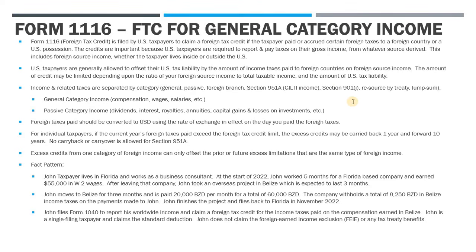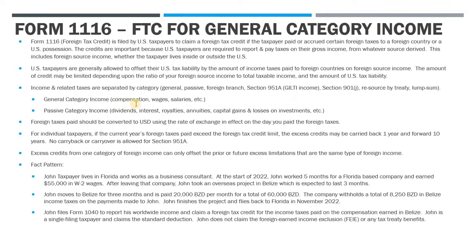We have 901J for income from sanctioned countries. If you live in a treaty country or a treaty might apply, we might have income that's resourced under a treaty. And then lump sum distributions applies to things like distributions from pension plans, retirement plans, that are from a foreign jurisdiction. Now, the most common categories that we see are certainly the general category income and passive.